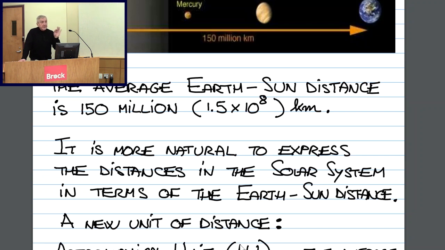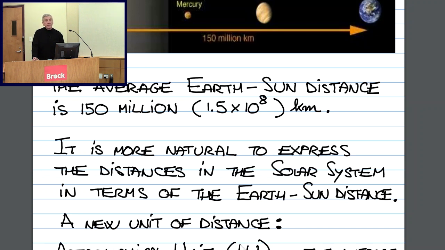But this variation in the distance between the Earth and the sun is very small. It's under 2%. It's actually 1.7%. Nevertheless, we have to talk about the average distance between the Earth and the sun, because that distance is varying slightly. So that is the definition of astronomical unit, and it's 150 million kilometers.